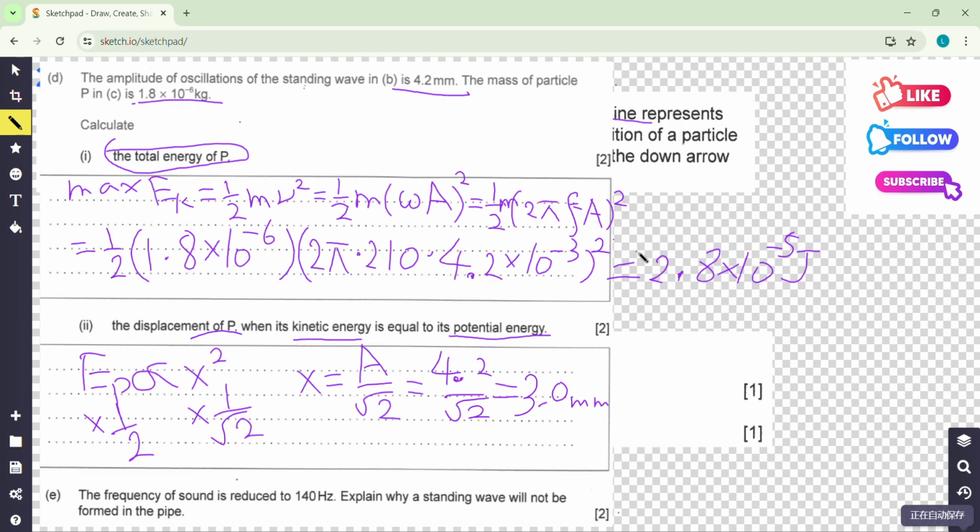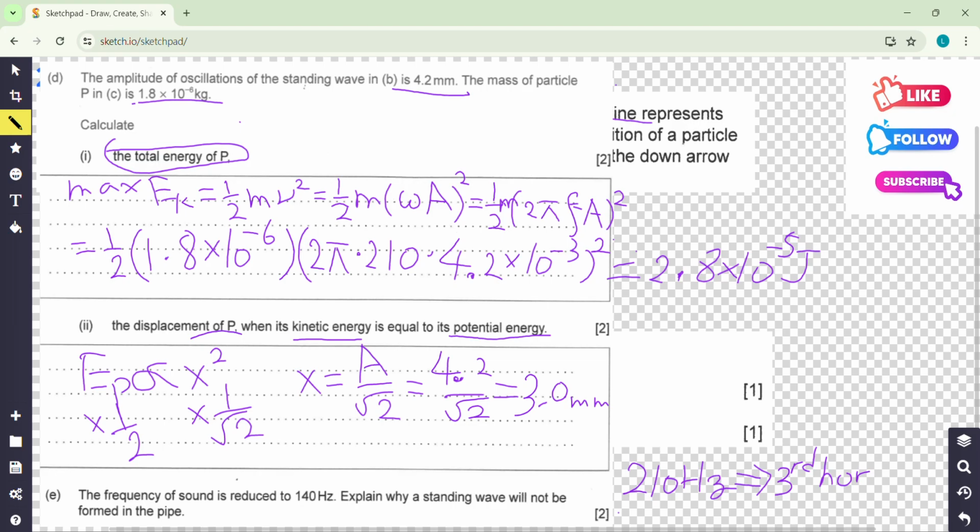Okay, and then the last one. The frequency of sound is reduced to 140 Hz. Explain why a standing wave will not be formed in the pipe. Look at it. Remember now it's 210 Hz, right? And remember 210 Hz is the third harmonic.